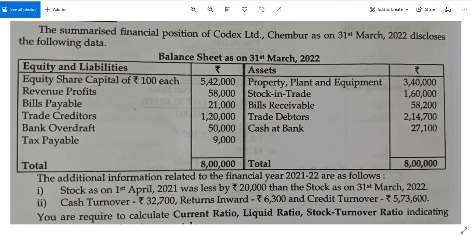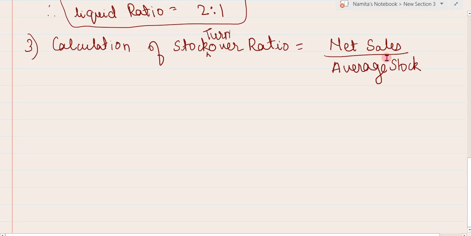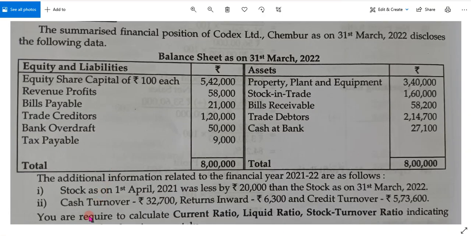Okay, so first we'll find net sales. So in the working note, first write calculation of net sales. What is given in the question? Cash turnover, returns inward and credit turnover.